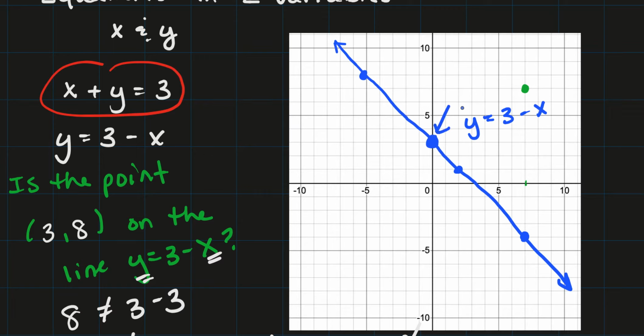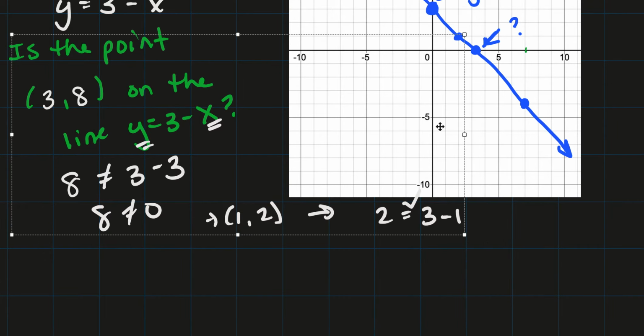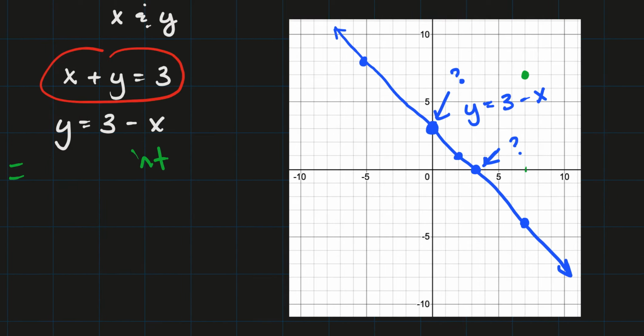Can we figure out this point? What is this point? And also notice that we touch the x-axis. It looks like somewhere around here. What is this point? Those will be our y and x intercepts. Let's see if we can find an answer for that question. What is the x and y intercept?